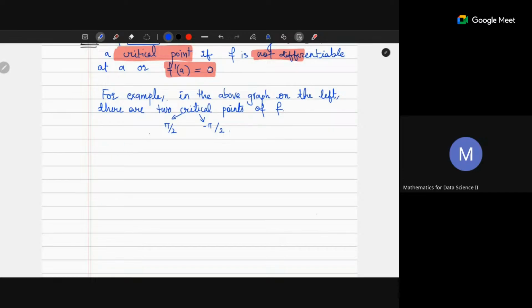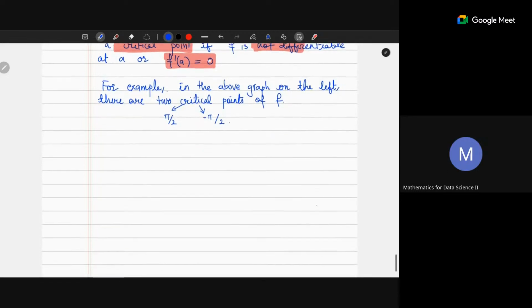Let me recall the definition of extremums. Could you come again, what you said about critical points and extremas in higher dimension? Yeah.